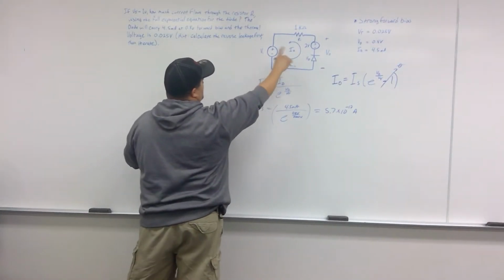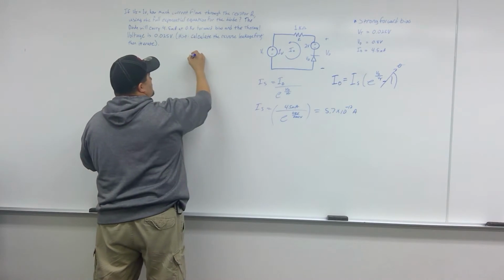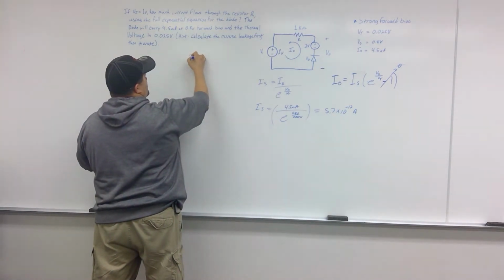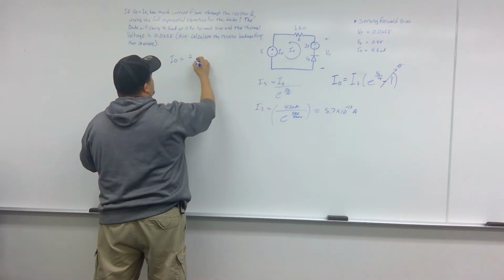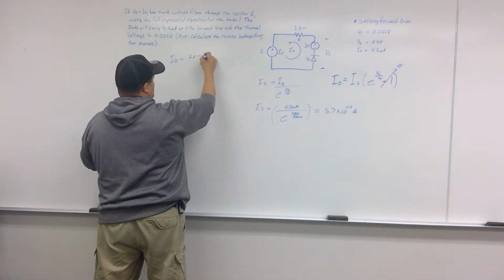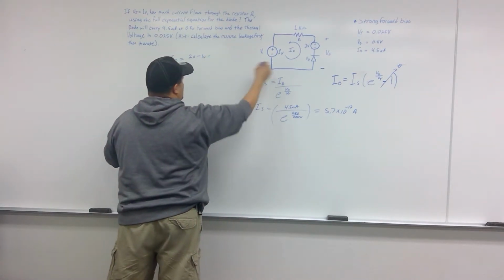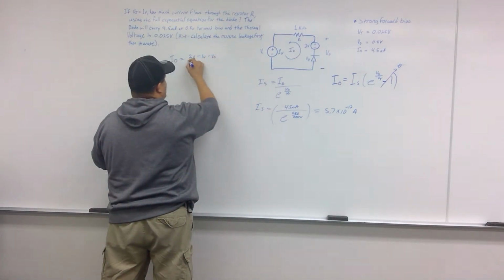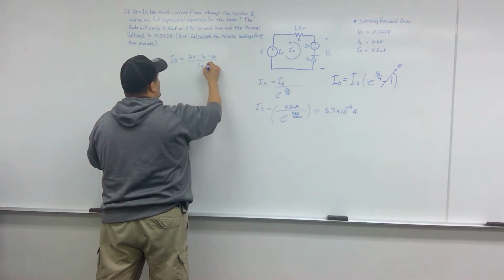So in our circuit, we're going to do a KCL. We'll start with ID equals 2 volts minus 1 volt minus the VD, and it's all over the resistor R1, which is 1K ohms.